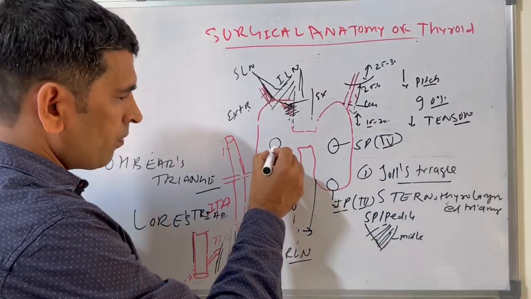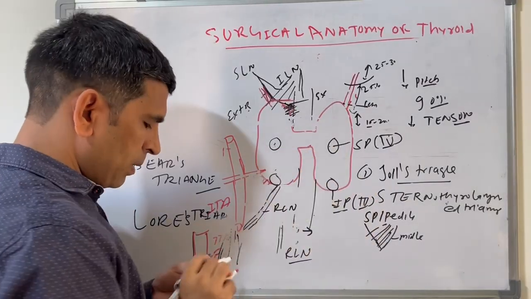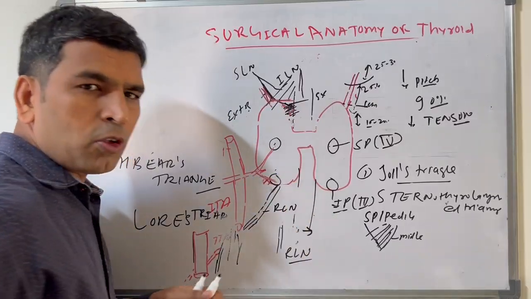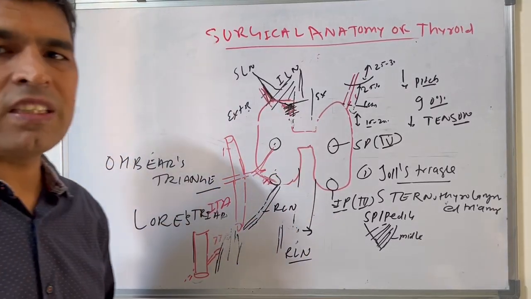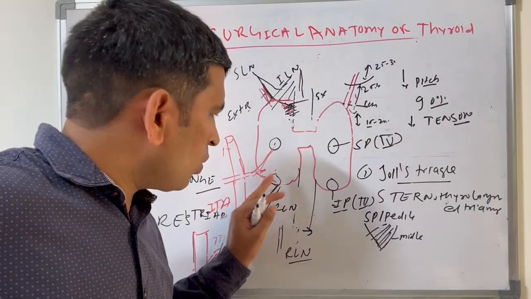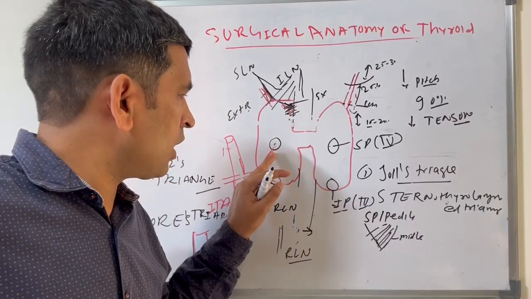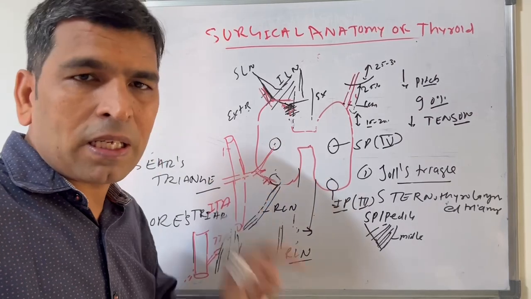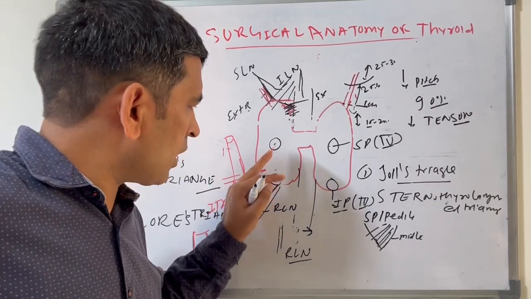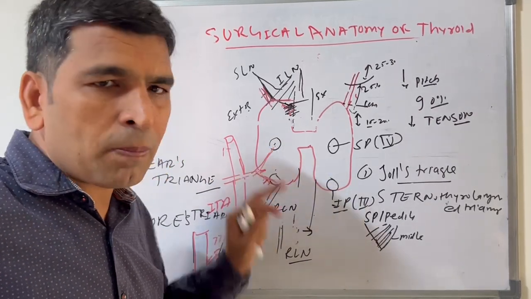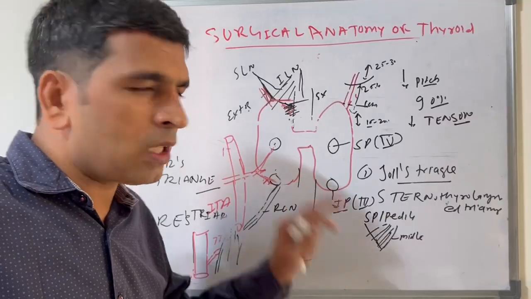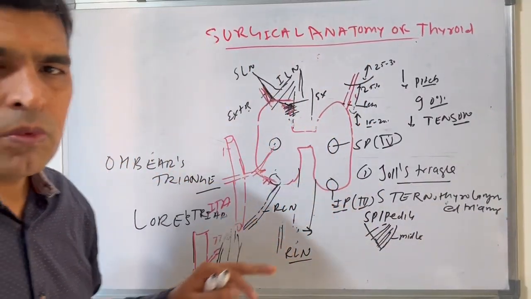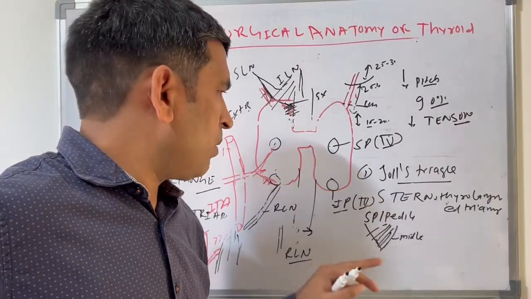And this superior parathyroid and inferior parathyroid in 90% of cases are supplied by the inferior thyroid artery. So during dissection of the thyroid, you should not devascularize these branches of the parathyroid. You should dissect and preserve these branches of the parathyroid supply. Otherwise, patient may develop hypocalcemia because of decrease of the PTH level.